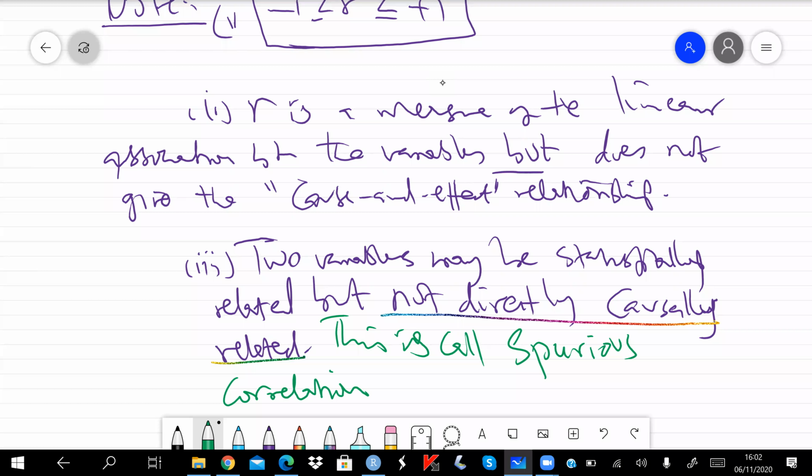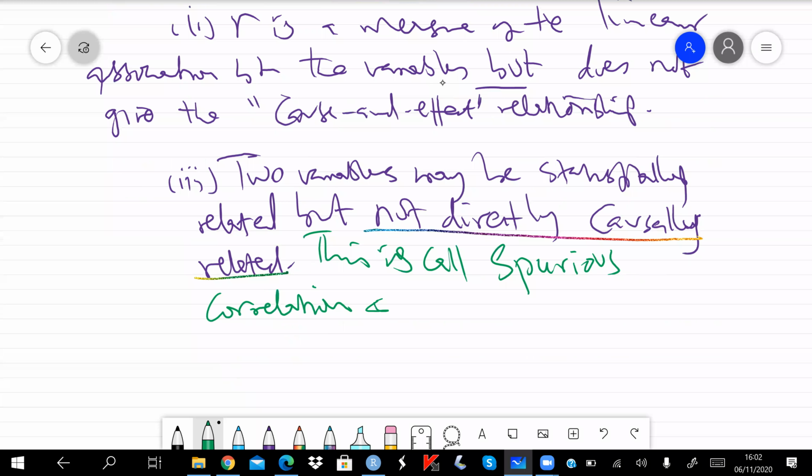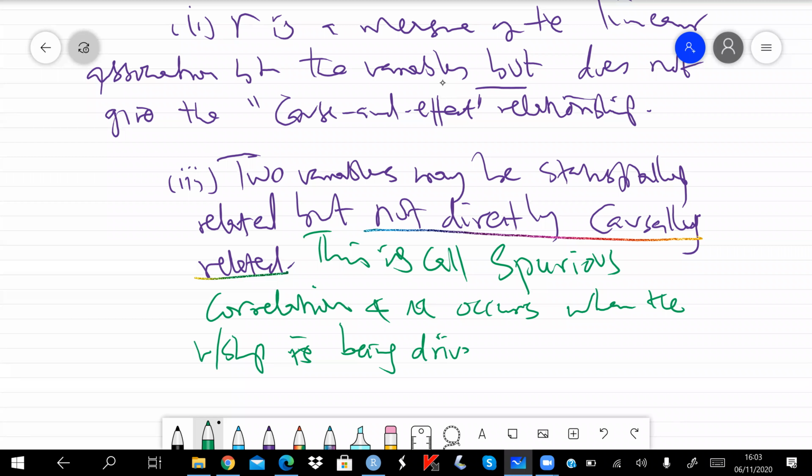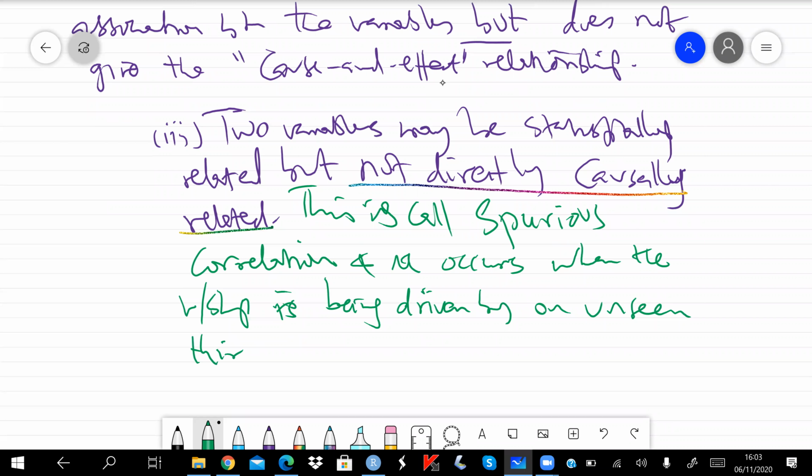Spurious correlation occurs when the relationship between the variables is being driven by an unseen third party or third variable, one which is not being considered here but is driving the strength of the relationship.